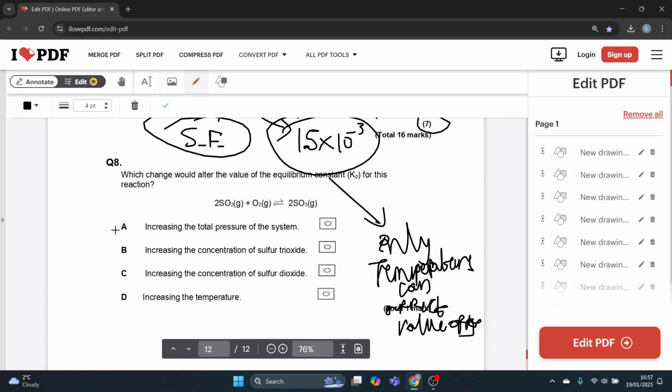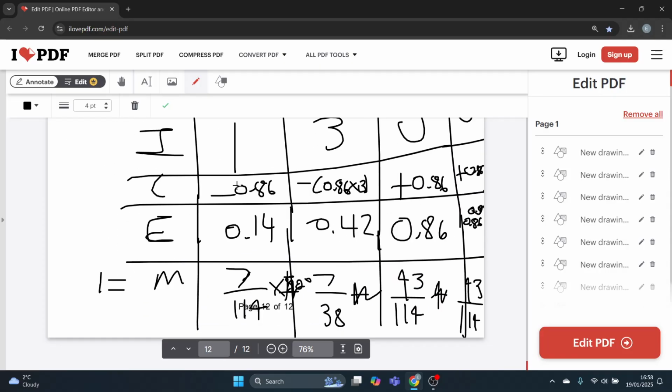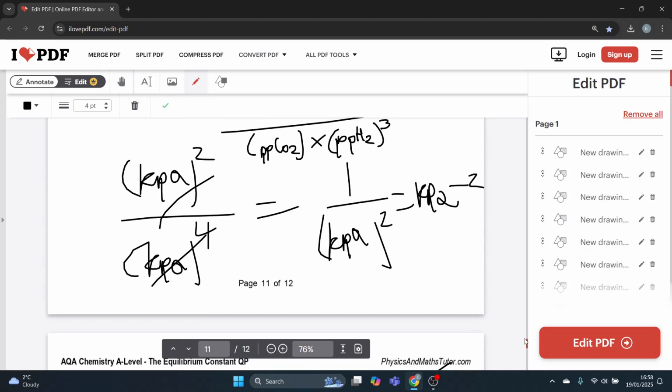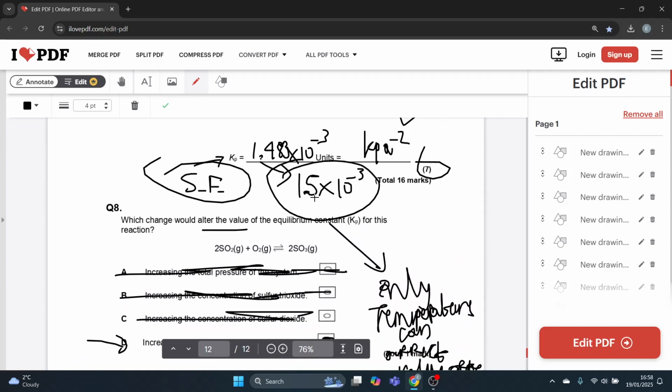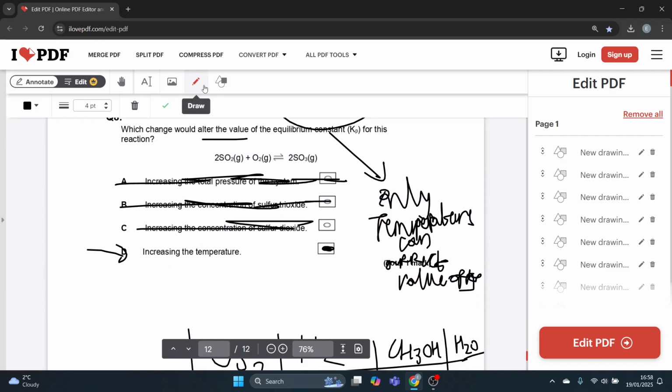So, increase the total pressure, that's going to have no effect. It says which change would alter the value. Concentration, no effect. Concentration, no effect. Temperature, boom. Obviously, I just want to go through each one, even though I clearly could see the answer would be D anyway. And that is the end of the equilibrium constant physics and maths tutor question paper. And one thing to remember, only temperature can affect the value of Kp.